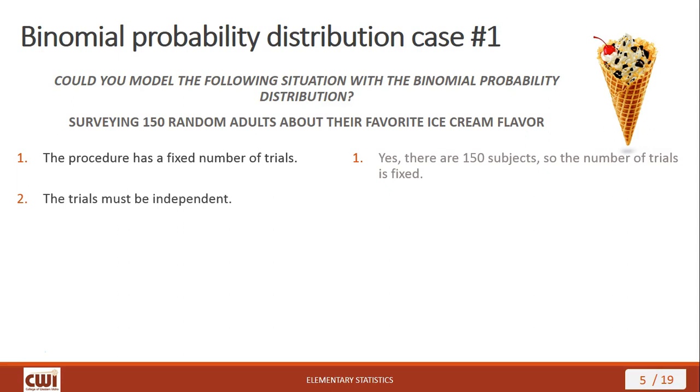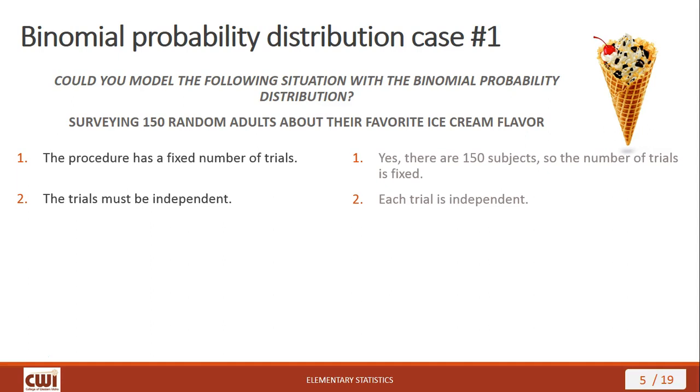Second, the trials must be independent. Are these trials independent? Well, yeah, each trial is independent because asking someone about their favorite flavor of ice cream, their favorite is their favorite. You would think it would not be determined by what other people answer.